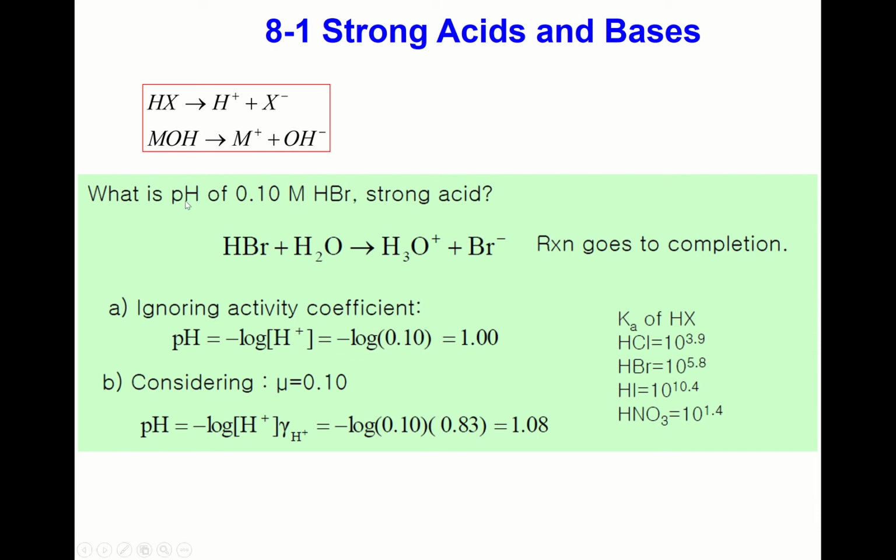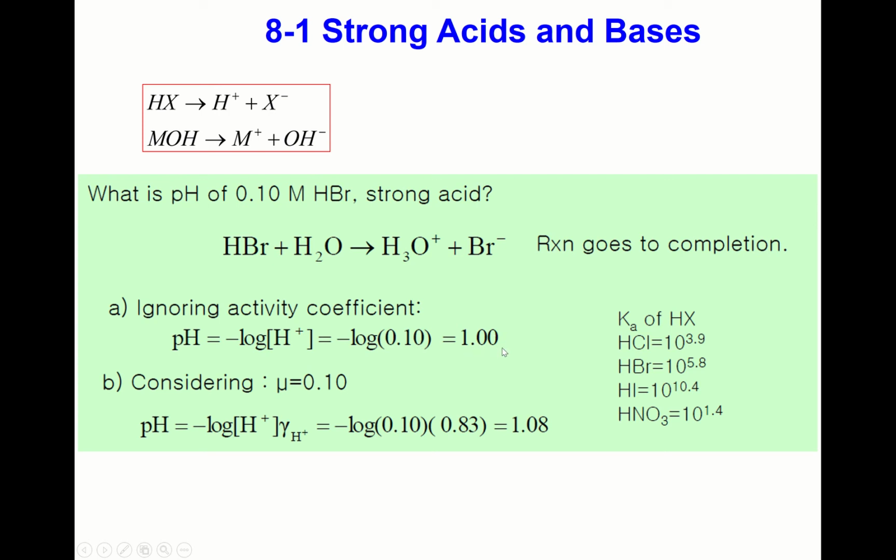In this case, since this one completely dissociates, the proton concentration is the same as the former concentration, which is 0.1 molar.